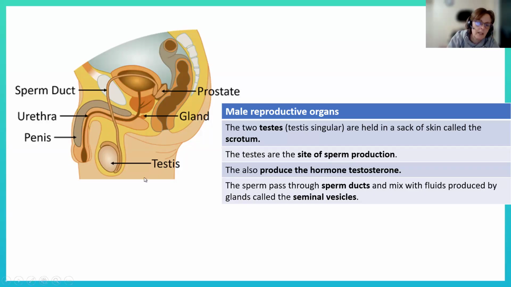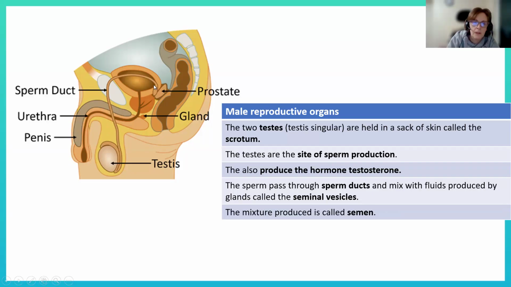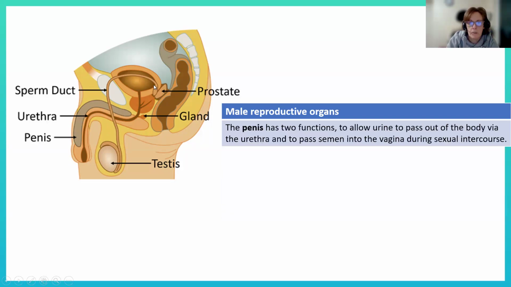You can see here the testes, where the sperm production is, and then there are fluids released along here as well. Those fluids mixed together with the sperm produce what we call semen.